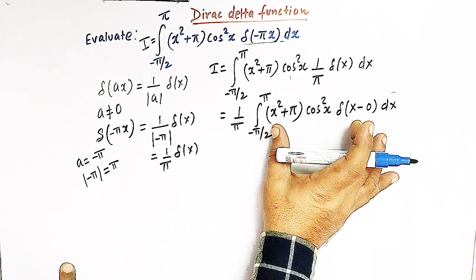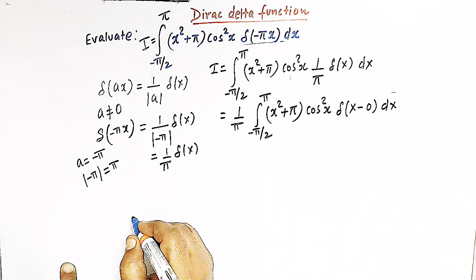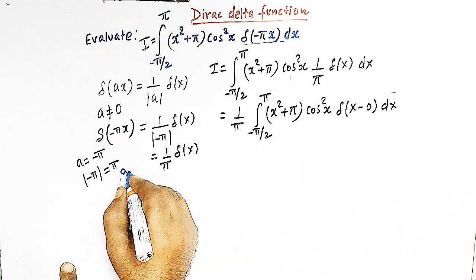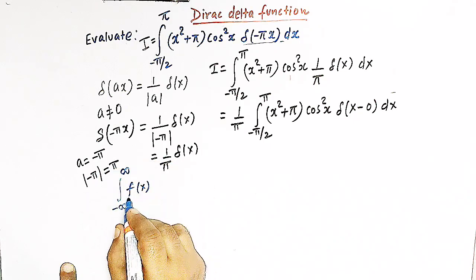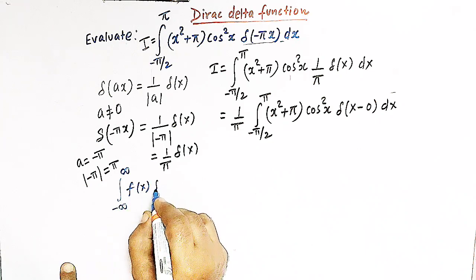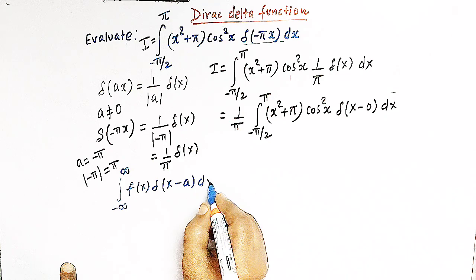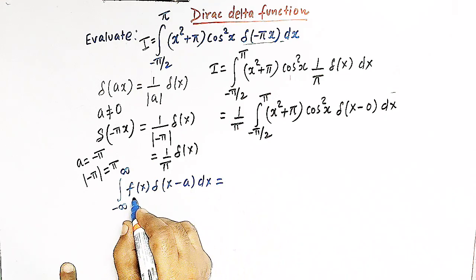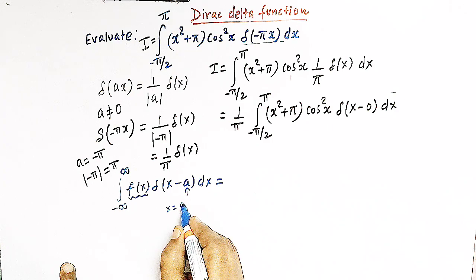Now to evaluate this integral, we have to make use of the definition of delta function, which says that if we have the integral from minus infinity to infinity of a function f of x associated with the delta function, delta of x minus a dx, then the value of this integral is equal to the value of this function f of x at the point x equal to a.